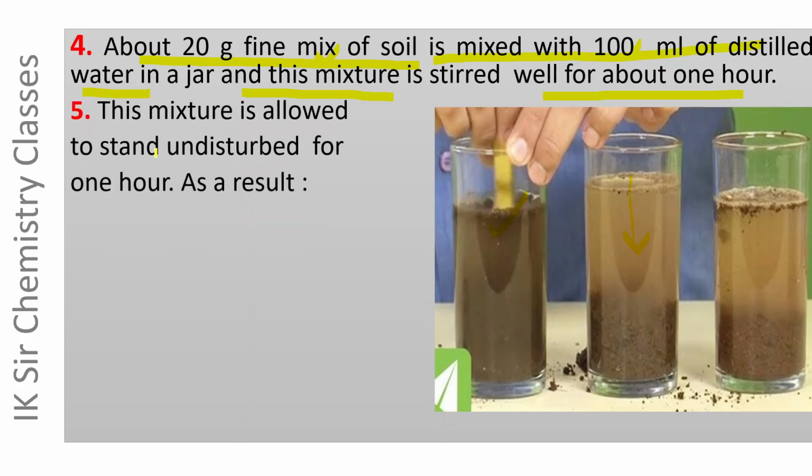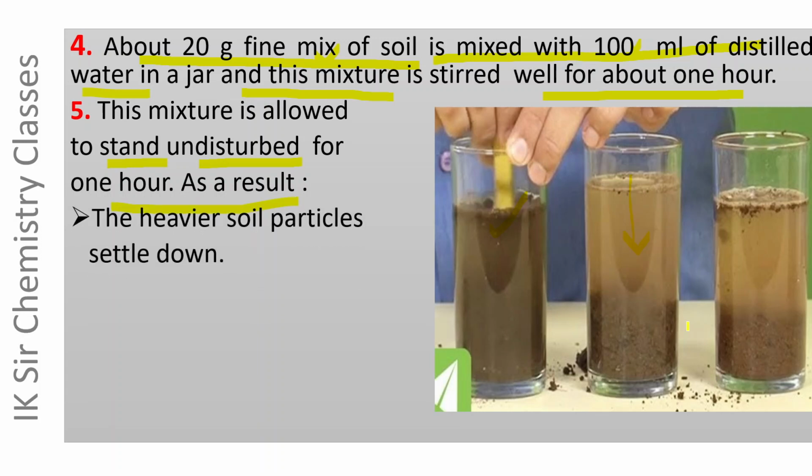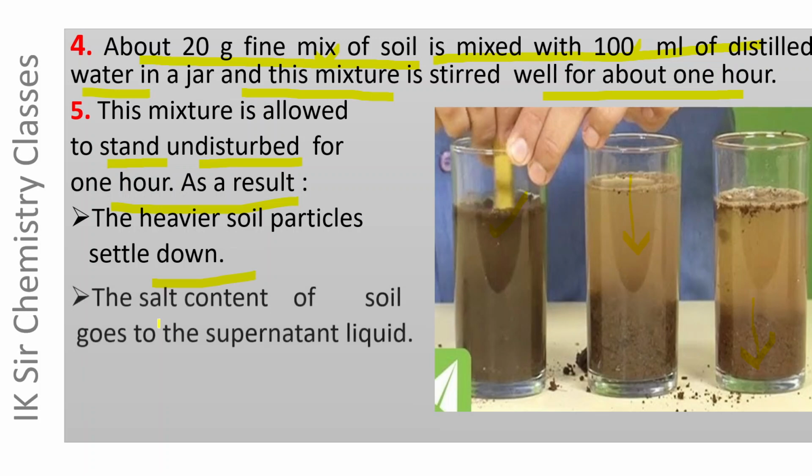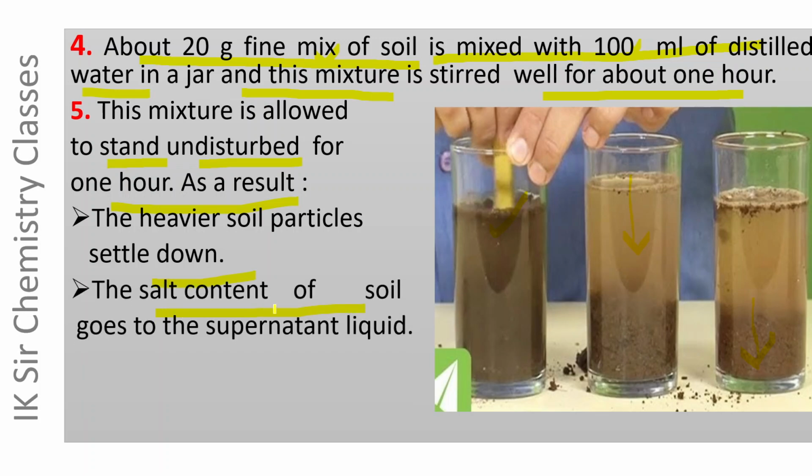This mixture is then allowed to stand undisturbed for 1 hour, and as a result, the heavier soil particles settle down. The salt content of the soil goes to the supernatant liquid.